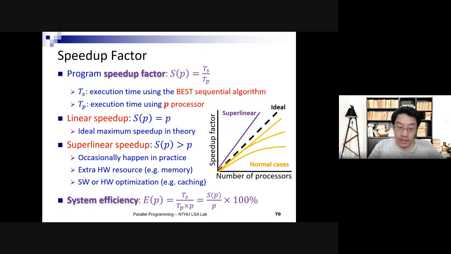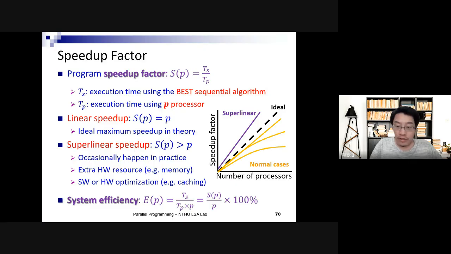So it's a way to normalize the speed up by the amount of resources you use, and in any case, at any scale, you expect the best result will be 100%, right? So it's an efficiency. It's another way to report your parallel performance, and it's a measurement that is already normalized.